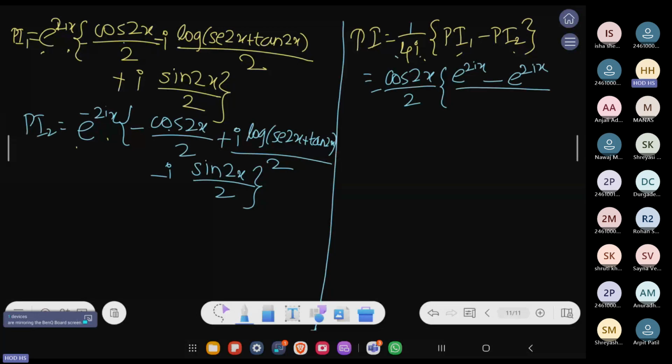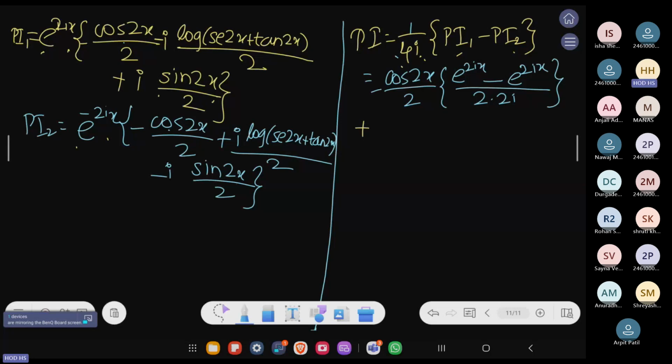I need to multiply by this one, right? So it will give me 2 into 2i. There is a reason why I am writing it like this. I can consider this as sin 2x. Okay. Then plus, I'll club the other terms. The other term is this one.